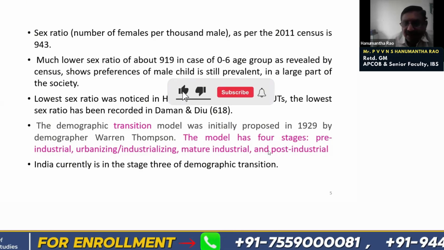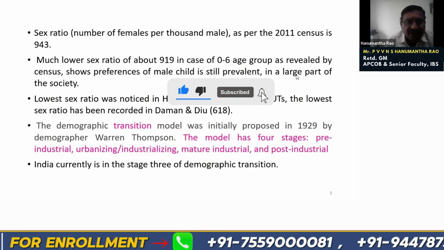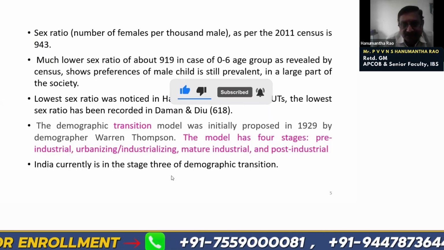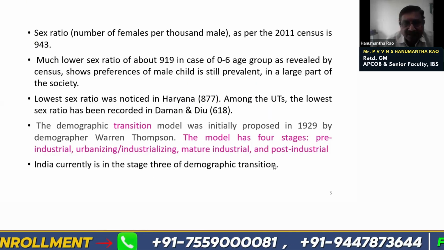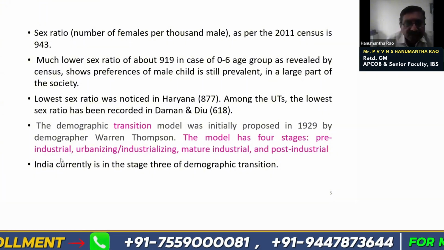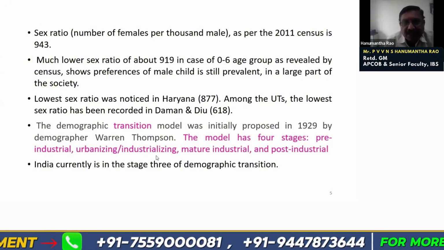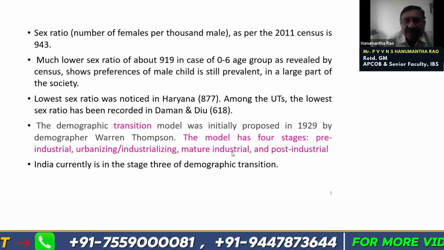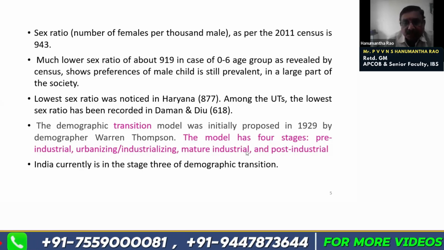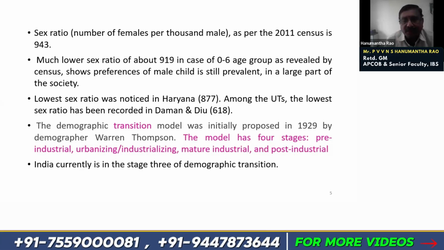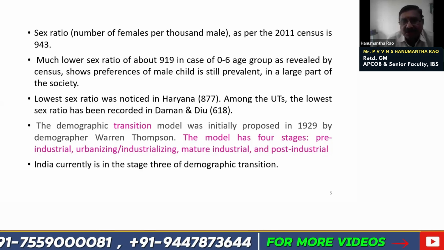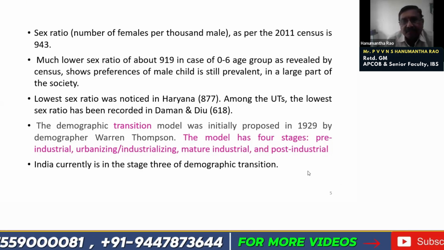India currently is in stage 3 of the demographic transition. Stage 3 means after pre-industrial, and urbanizing and industrializing, comes mature industrial. Please remember this point also. Sometimes they may ask a question in this area.